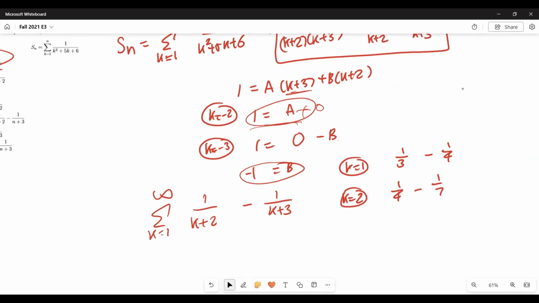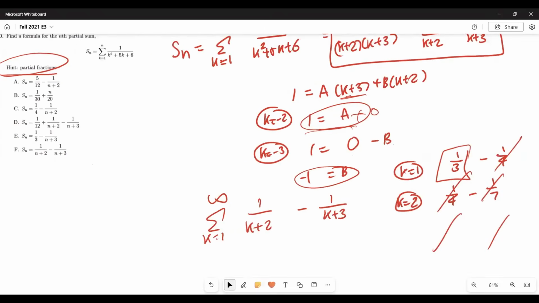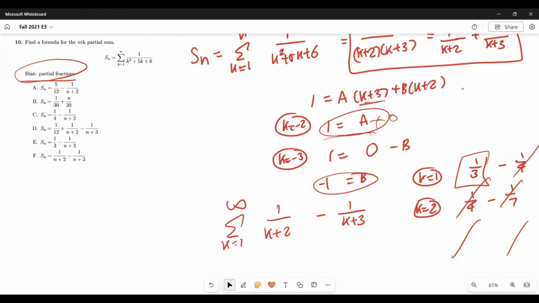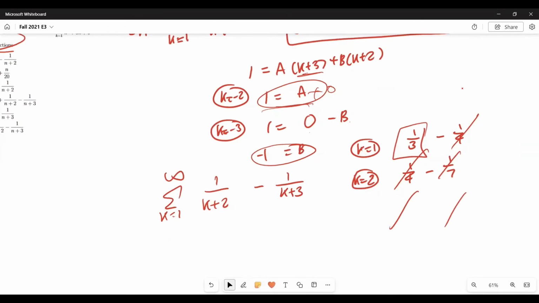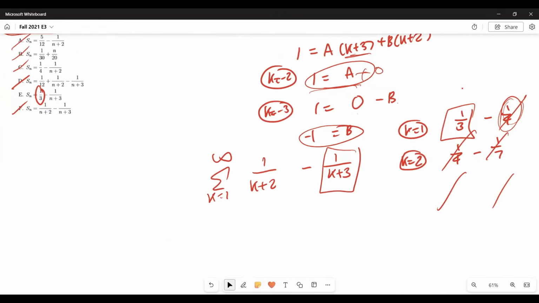These terms will be constantly cancelled out, right? So we know for sure 1 over 3 will remain as our first term, and the cancelling terms happen around the minus 1 over k plus 3.